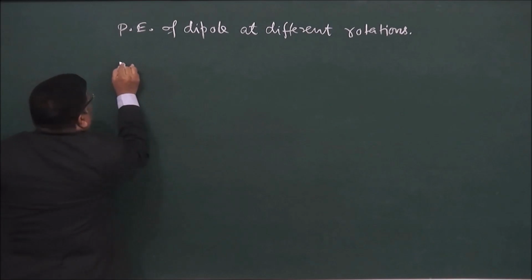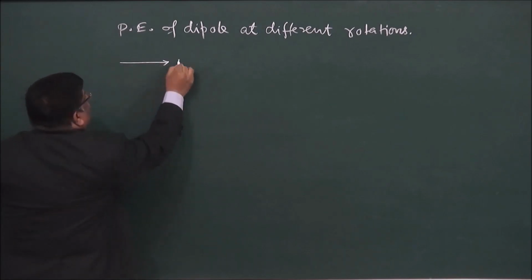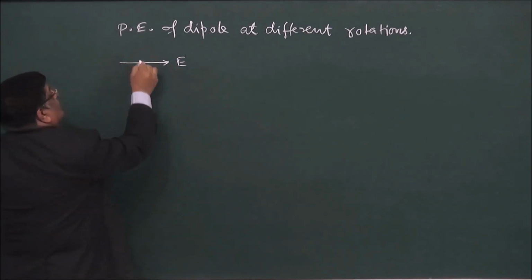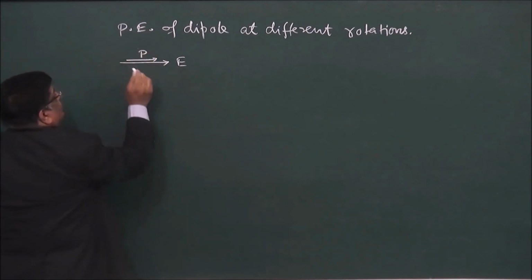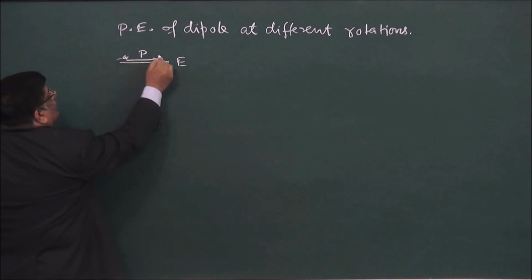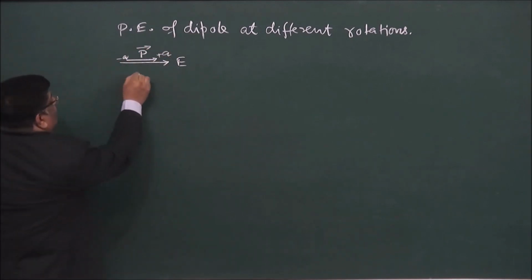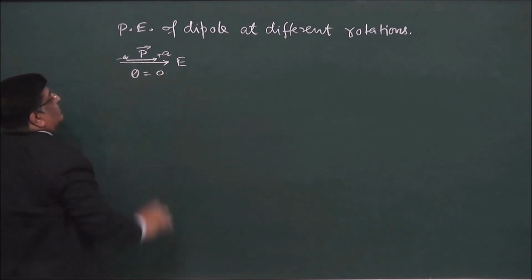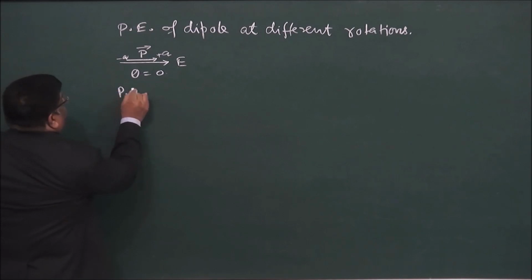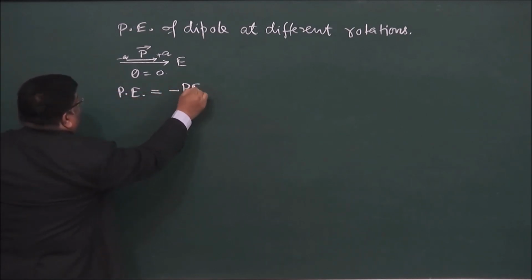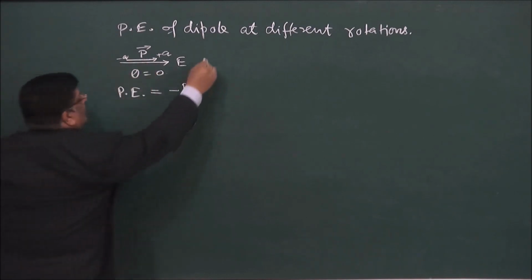First, electric field is here and the dipole moment is here, P, minus Q plus Q. Theta is equal to 0. How much is the energy here? Potential energy is equal to minus PE. This we have done just now.